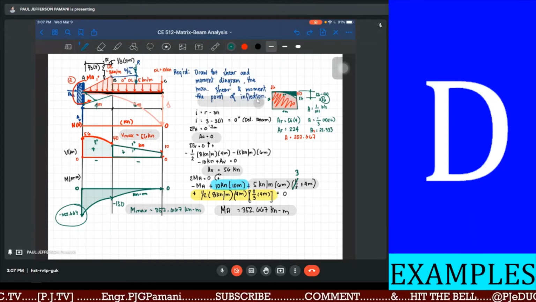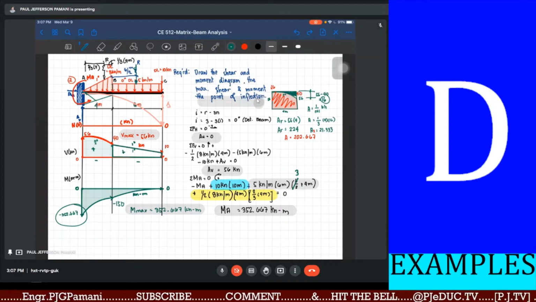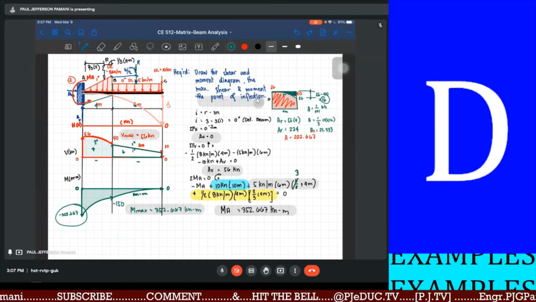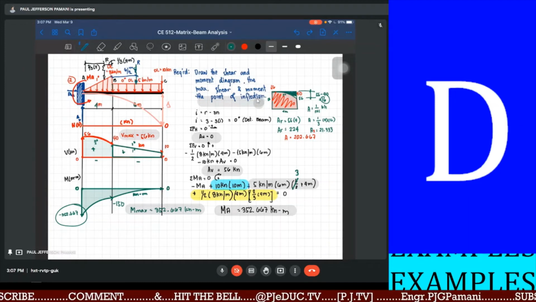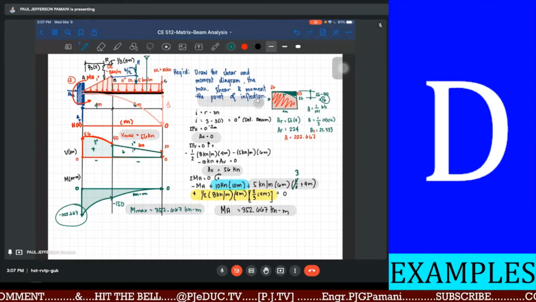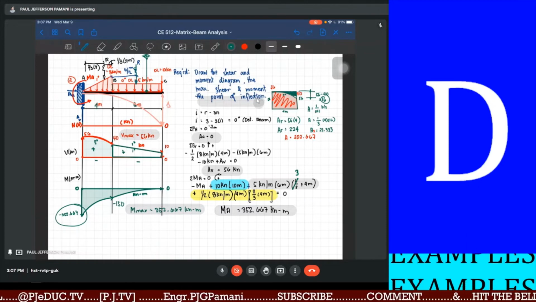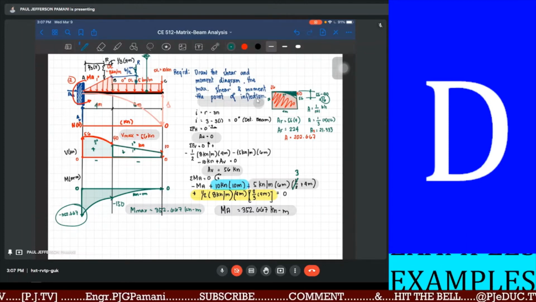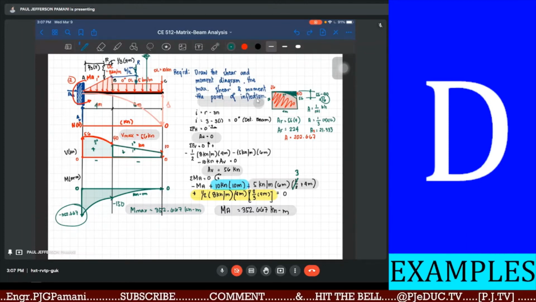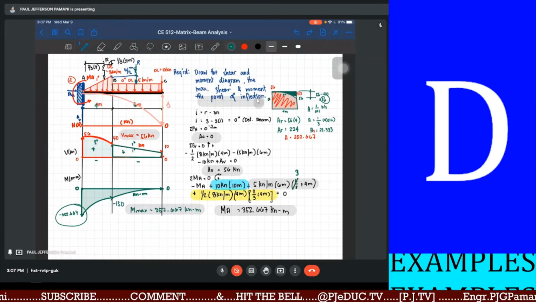Or you may add cable dun sa taas. Lagyan natin ng cable, hinge, anchored to the second floor, then anchored here. So, combination of beam and truss analysis.